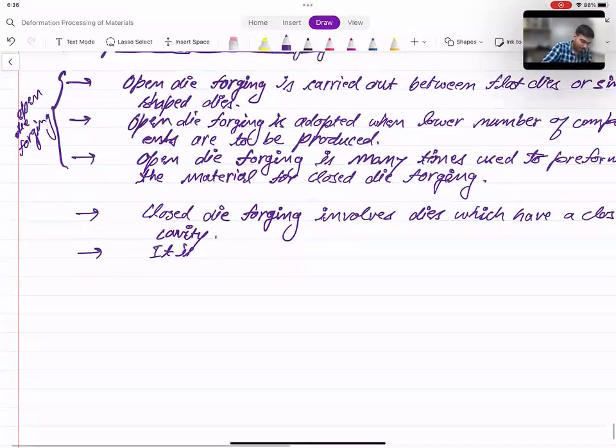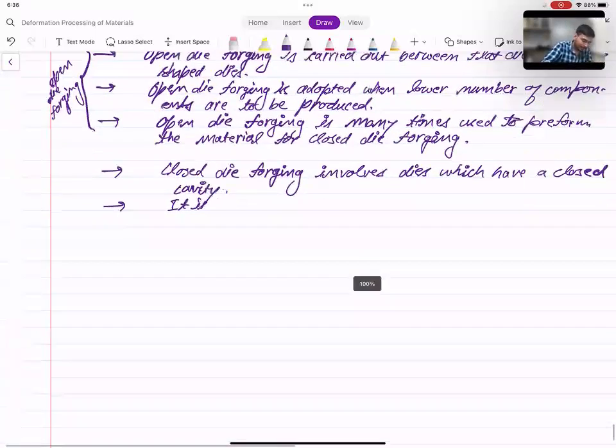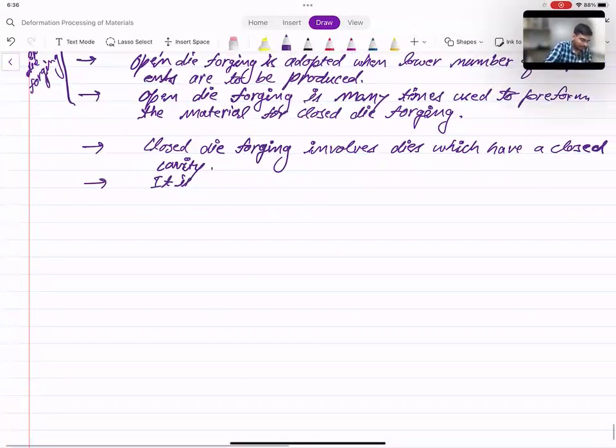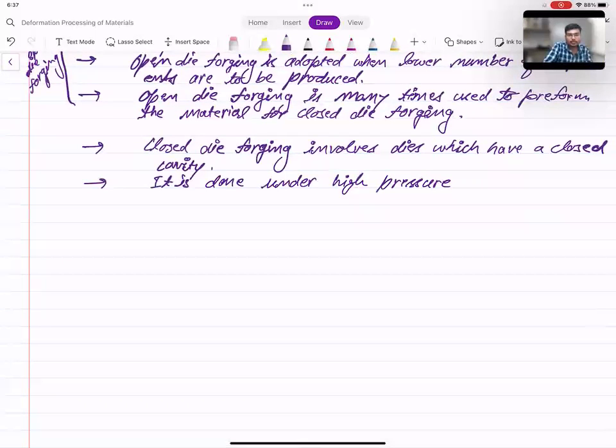It is done under high pressure, and very close dimensional tolerances can be achieved here.